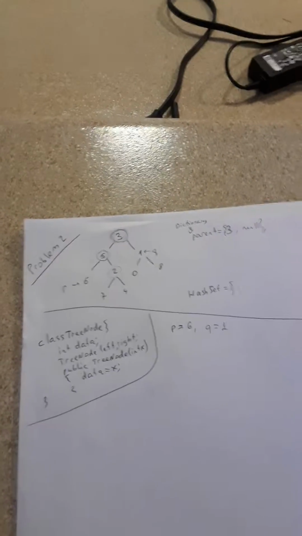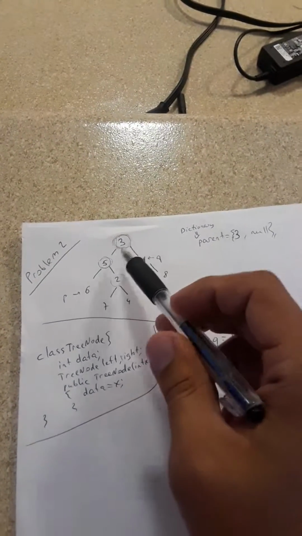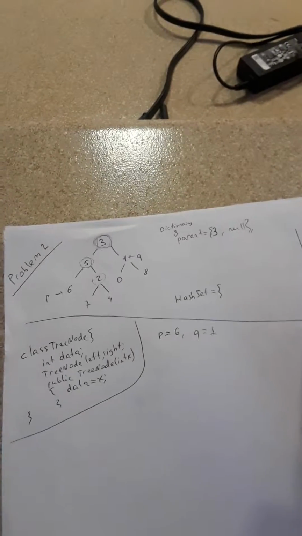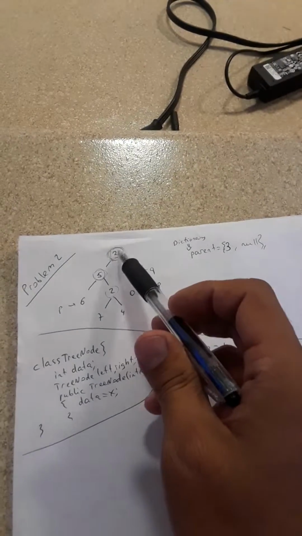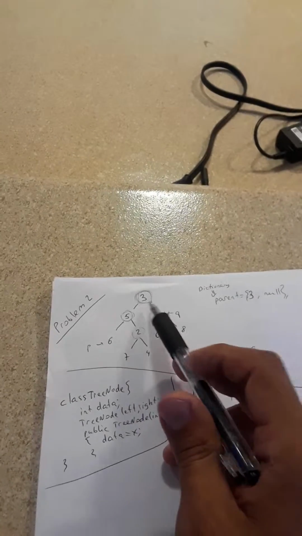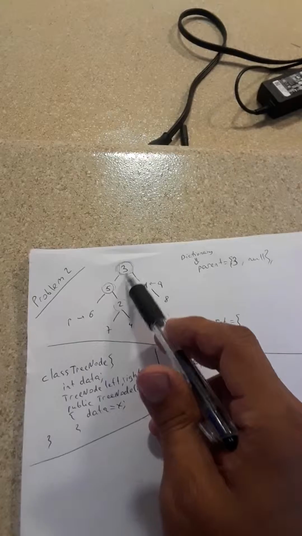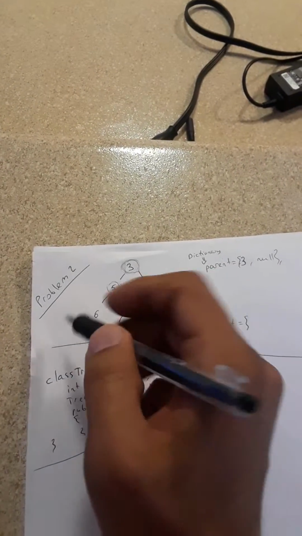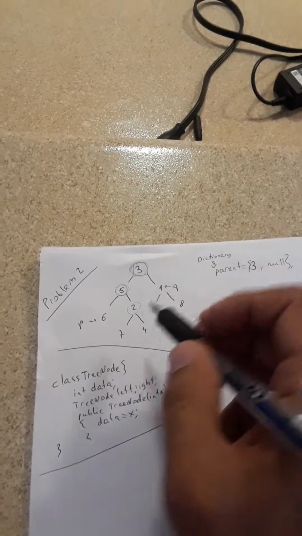As I told you before, first our root node goes to the dictionary, and also it goes to the stack. Then we will iterate through each node in the binary tree until we find the nodes that we're looking for.